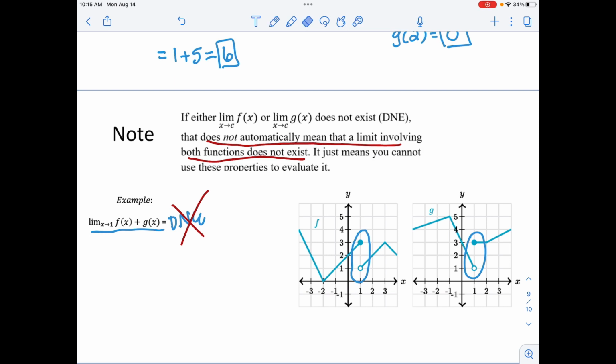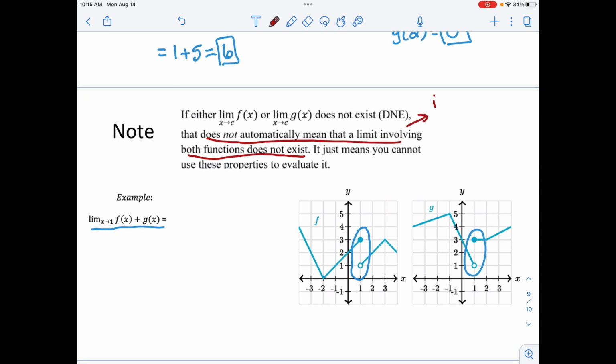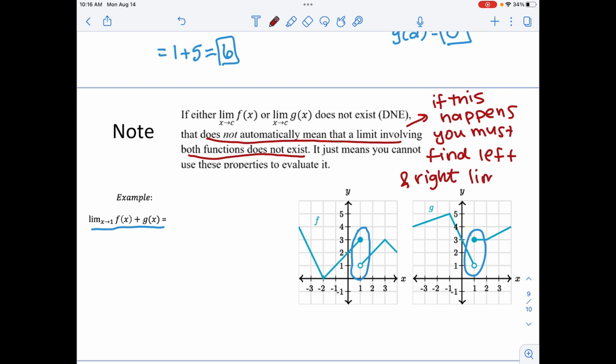So what you have to do if this ever happens is you must find the left and right limit. Now, if you want to know why, we don't have time to go over it right now, but there should be on Khan Academy some proofs that prove to you why this is true.